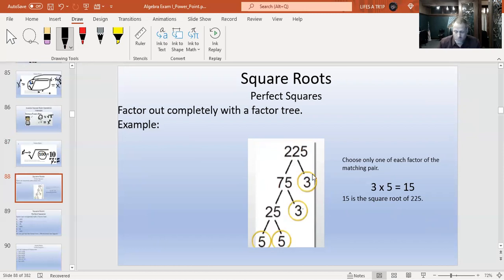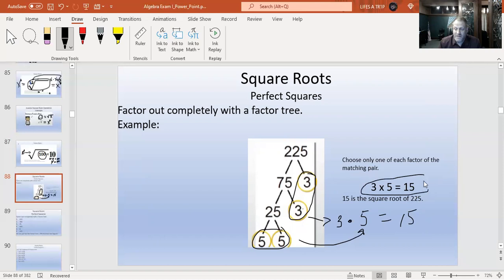All right, so we have a pattern here and a pattern here, but we can only use one of them and times them. So equal 15. The perfect square root of 225 is 15.